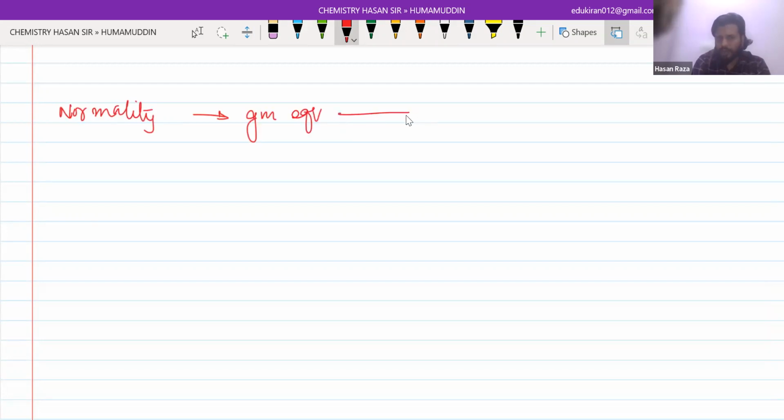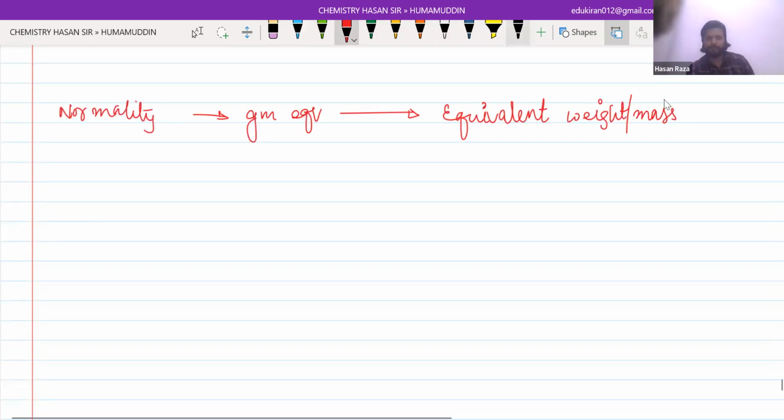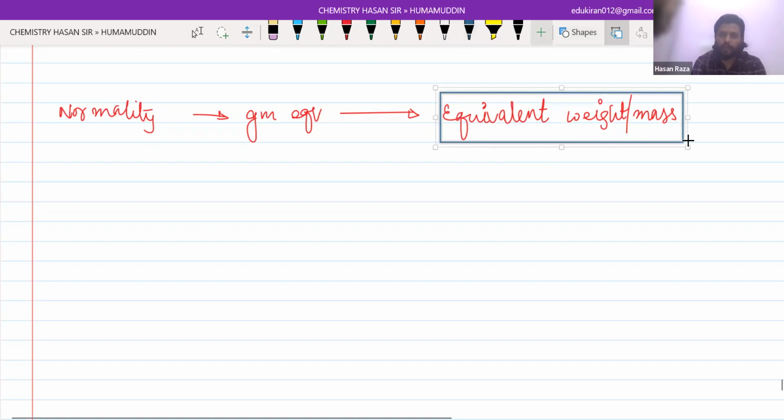And to understand this quantity, we have to first deal with equivalent mass or equivalent weight. Either you can call it weight or mass. So first we are going to deal with equivalent weight or equivalent mass, and then I will explain this. Today we are going to cover this part.